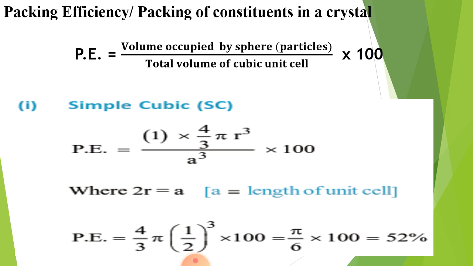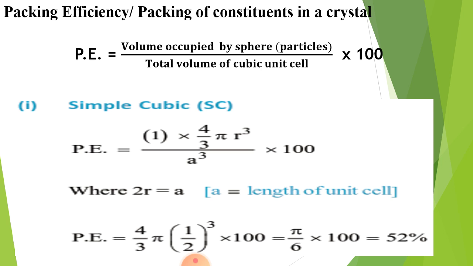As I told you, here atoms belong only to the corners, and the contribution of these atoms is 1/8. So by this, the simple cubic unit cell gets only one atom. Write the formula.